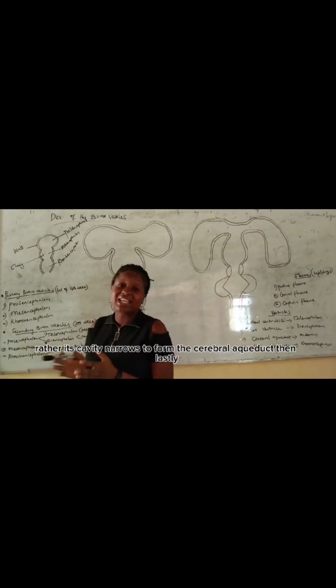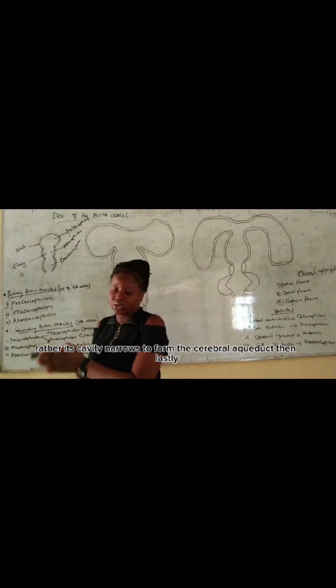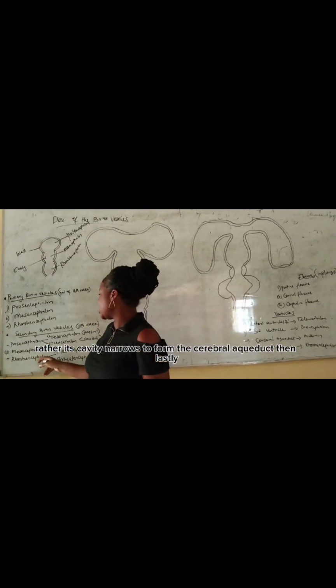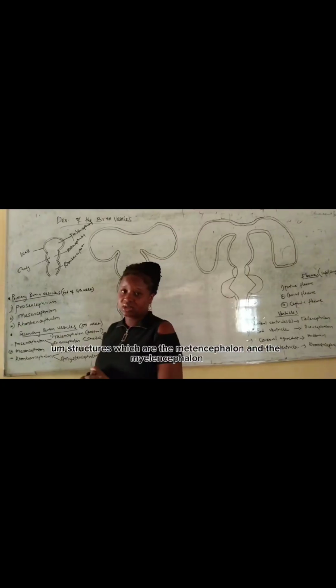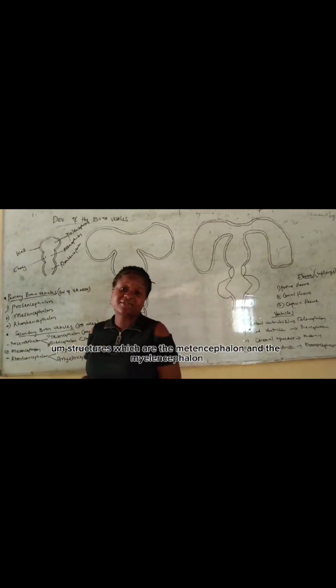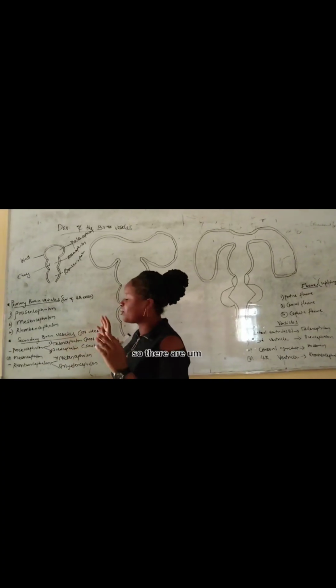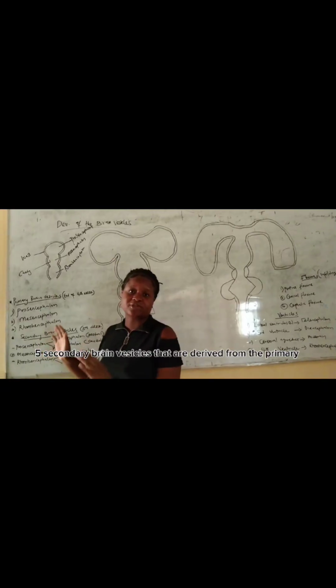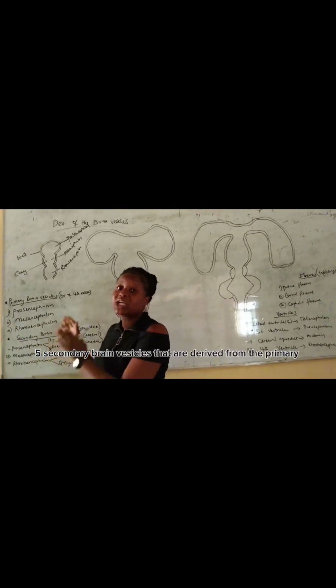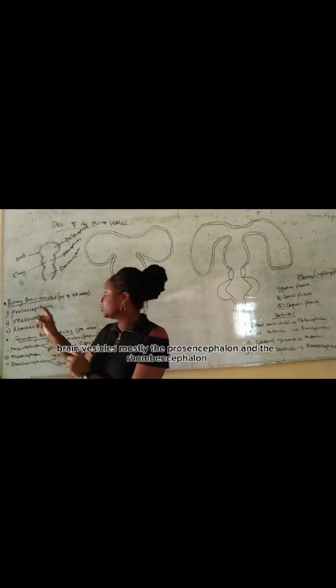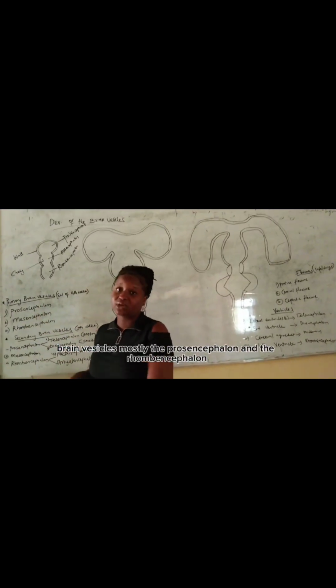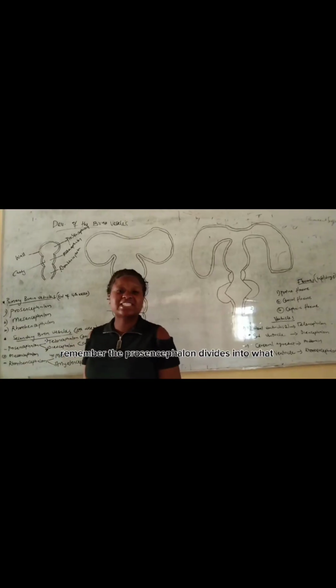Rather, its cavity narrows to form the cerebral aqueduct. Lastly, the Rhombencephalon gives rise to 2 structures, the Metencephalon and the Myelencephalon. So there are 5 secondary brain vesicles derived from the primary brain vesicles, mostly the Prosencephalon and the Rhombencephalon.